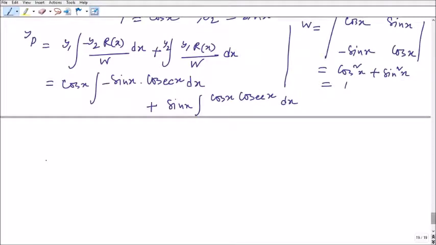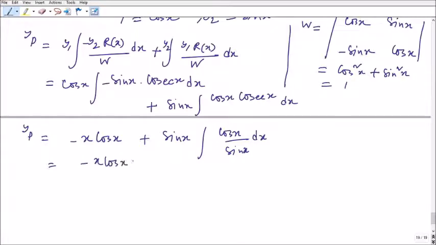So yp is equal to minus x cos x plus sin x integration of cos x by sin x into dx, that is we can write minus x cos x plus sin x into log of sin x. So we get the particular solution.